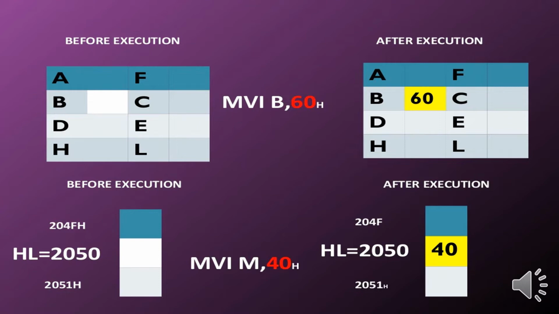Here the memory pointer is nothing but the HL register pair, which holds the 16-bit address of the memory location. In this way we can alter or override the previous value of the B register and the M memory location content with 60h and 40h.